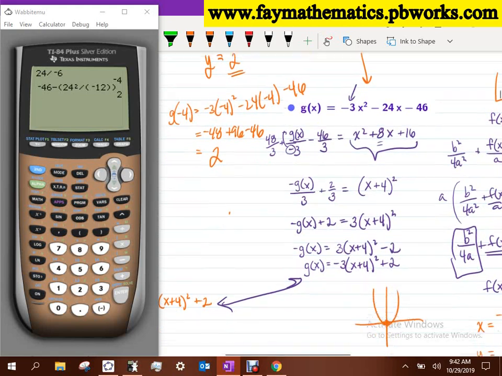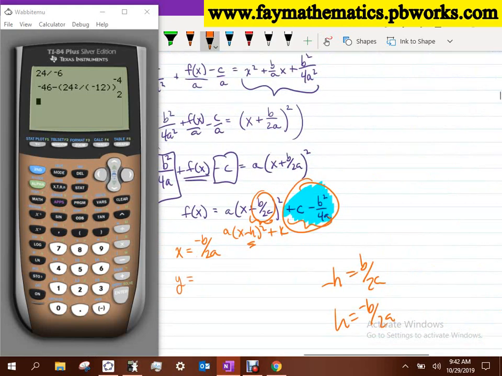Okay? So that's why in textbooks you'll never see that k value written that way, because their argument is, and I would agree with this, hopefully you do too, that if I have to remember the opposite of b over 2a as my x-coordinate, and my y-coordinate is c minus b squared over 4a, that's a lot to remember formula-wise.